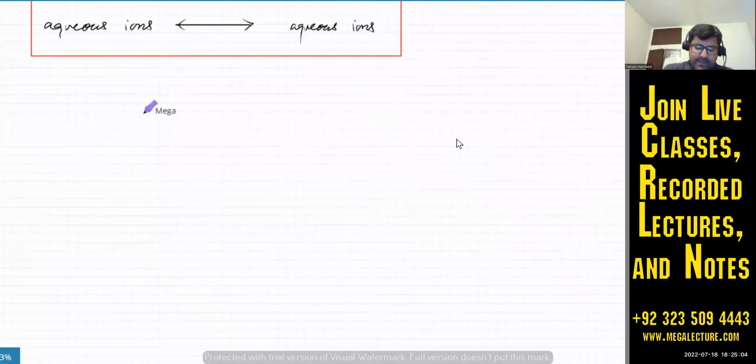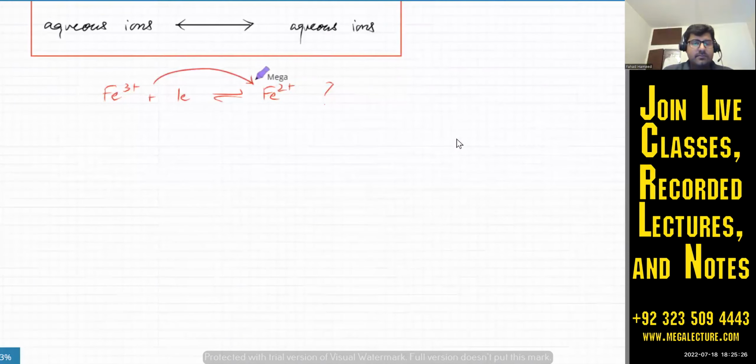So let's say we're dealing with a reaction where there's Fe3 plus ions and there's Fe2 plus ions, and I want to figure out what will happen. Does Fe3 plus like to gain electrons and form Fe2 plus?